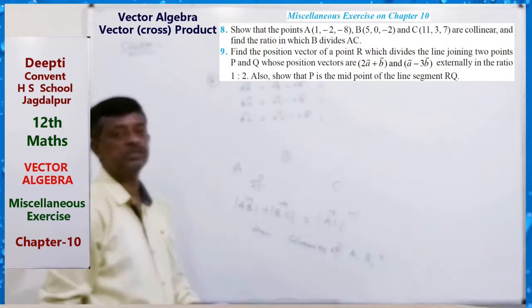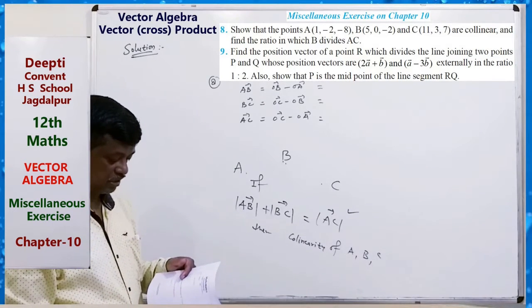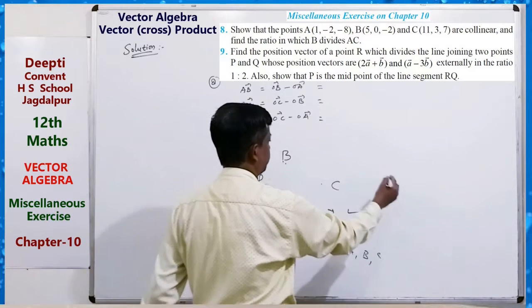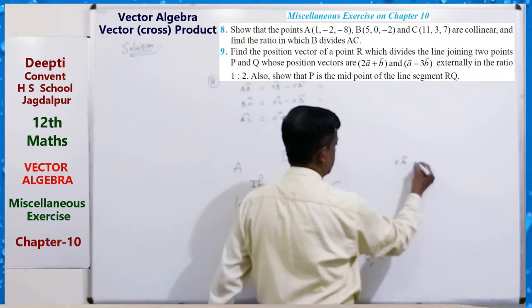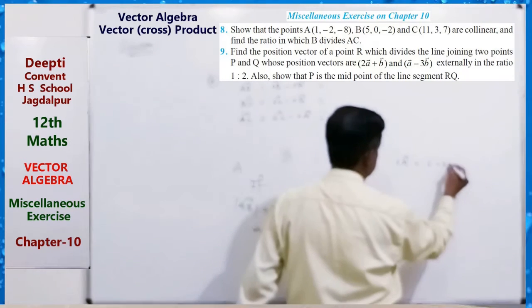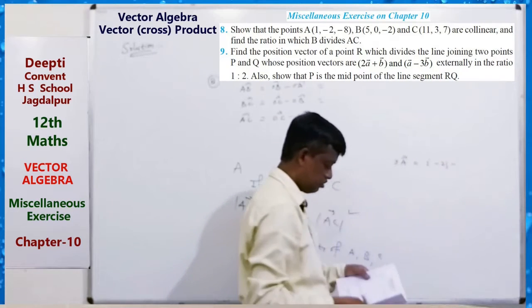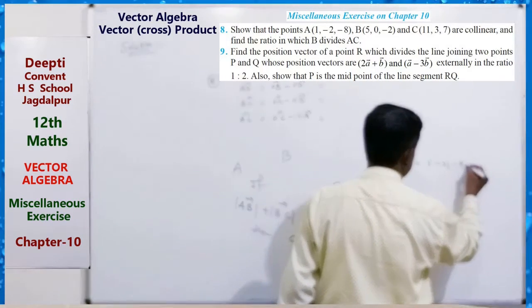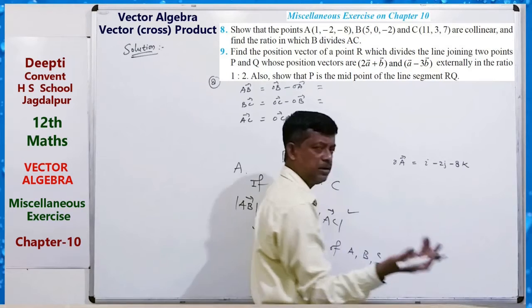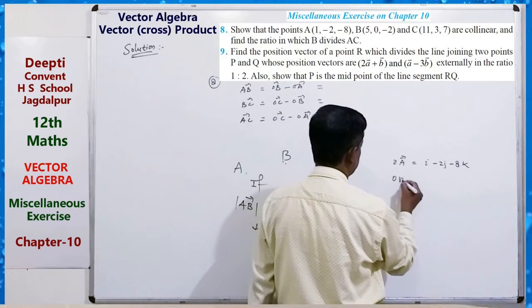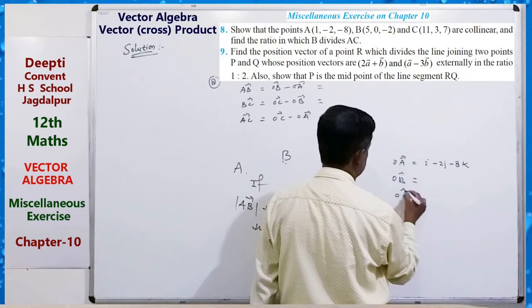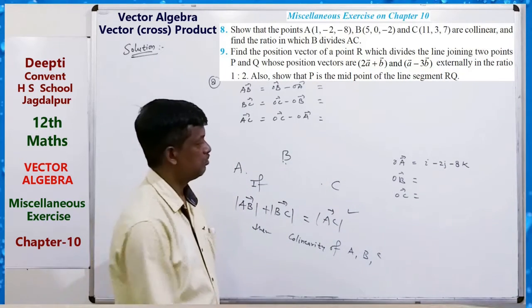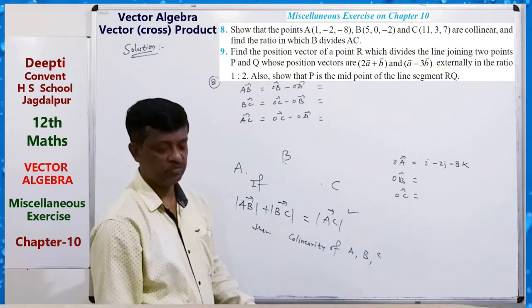From the points you can write the position vectors OA, OB, OC. The point is given as 1, minus 2, minus 8 for OA, so OA is I minus 2J minus 8K.